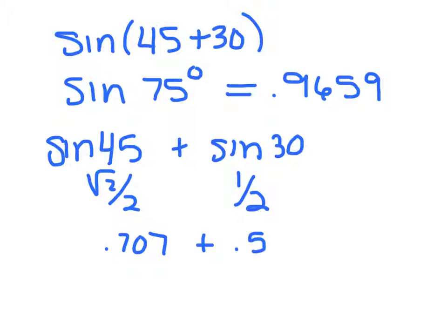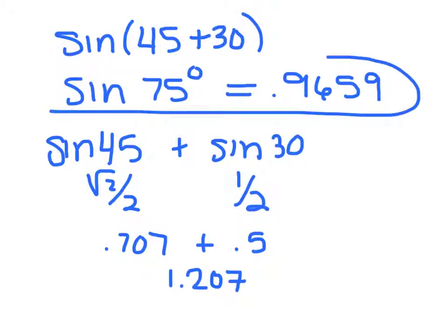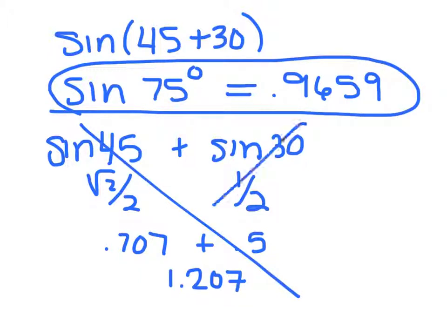That adds up to 1.207, and you got it wrong. The sine of 75 degrees is not the same as adding the sine of 45 and 30. Whatever your inclination to do on these problems, you just have to stop. You have to learn new rules about how to add sine and cosine functions.